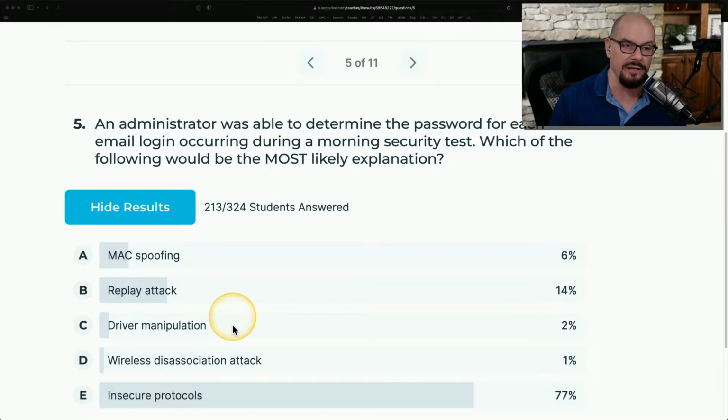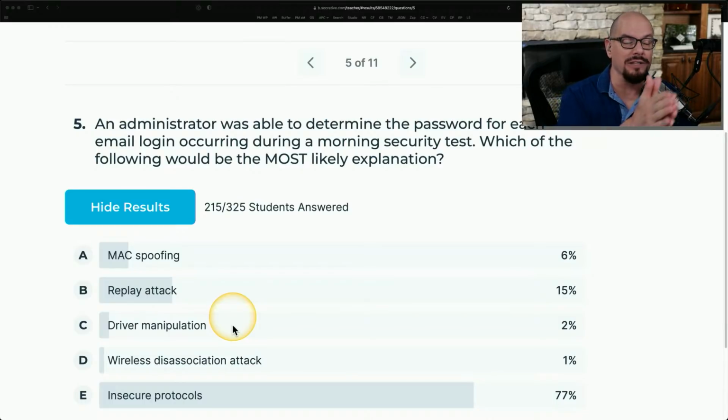Driver manipulation is probably the only other option on this list that could possibly be a technically correct answer. Because if you were able to get in and modify someone's driver to capture them typing in the password, well, that would be pretty good. That's a pretty unusual use.